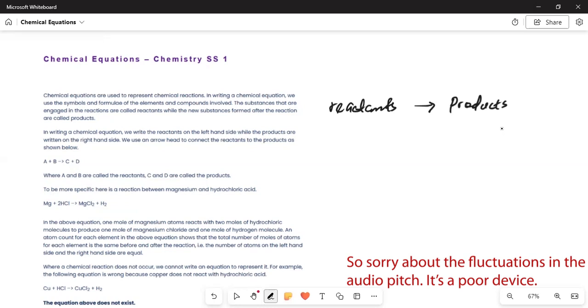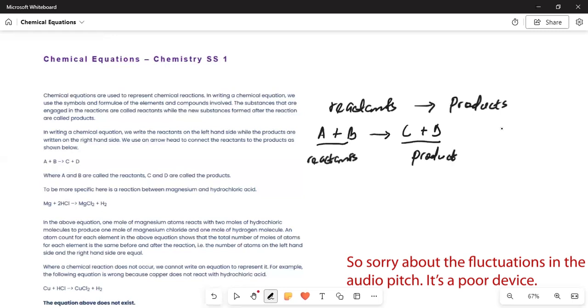For example, you may have a hypothetical element A reacting with another hypothetical element B to give us hypothetical element or compound C and D. So A and B here are reactants, while C and D are products.